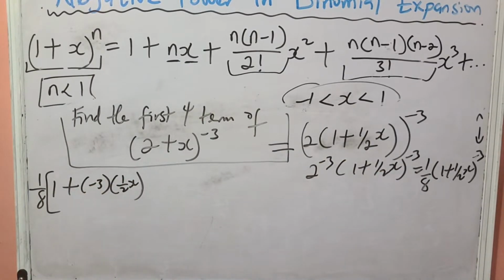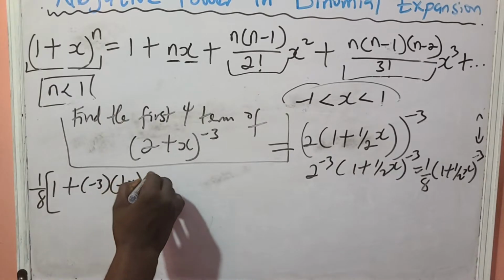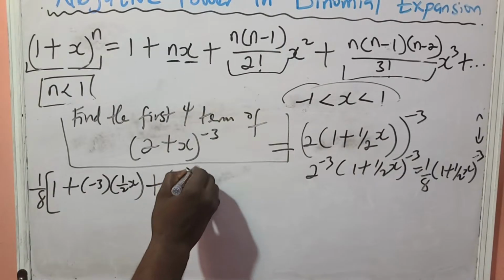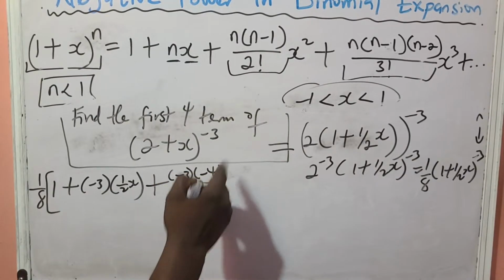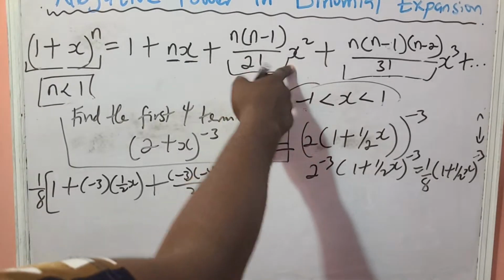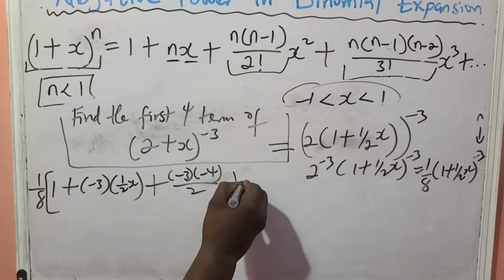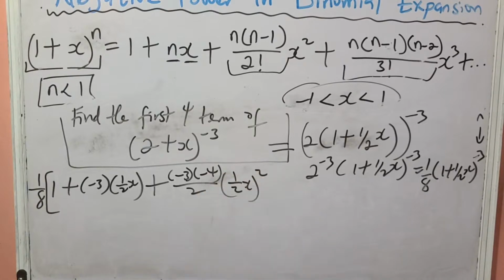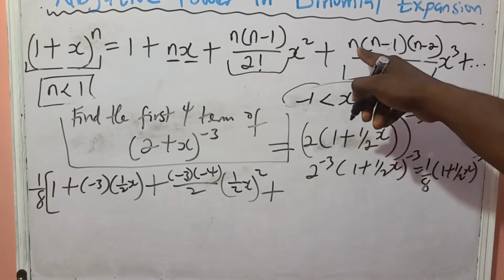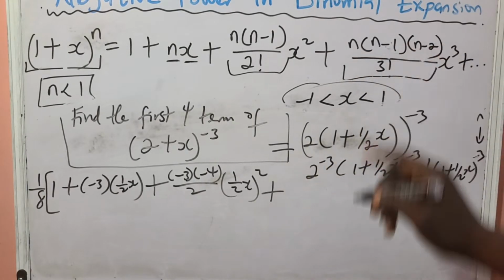All right. The next term we have is n times n minus 1 over 2 factorial. That will be minus 3 times minus 4 over 2 factorial, that will be 2. Then our x is not x, our x is 1 over 2x. That will be 1 over 2x raised to power 2. Good. We're done with the third term. The fourth term, we have n times n minus 1 times n minus 2.